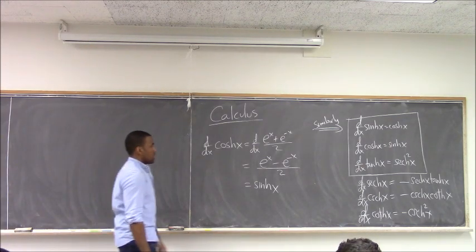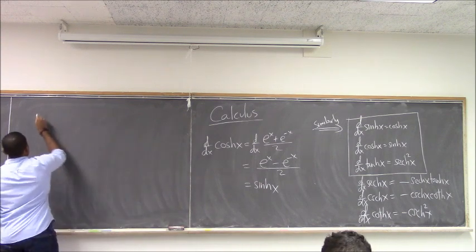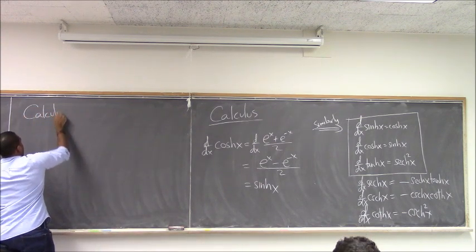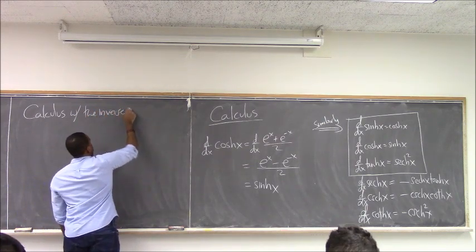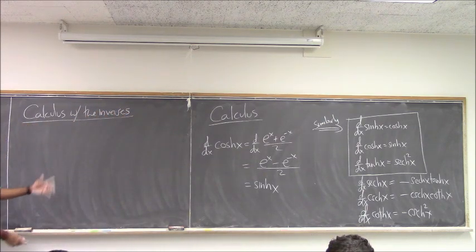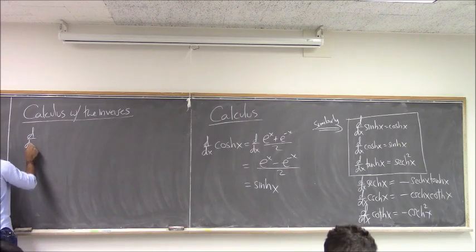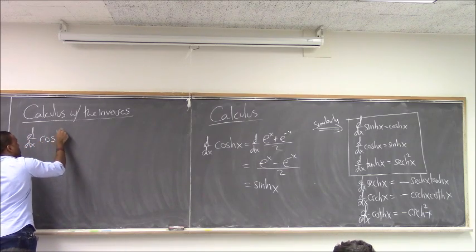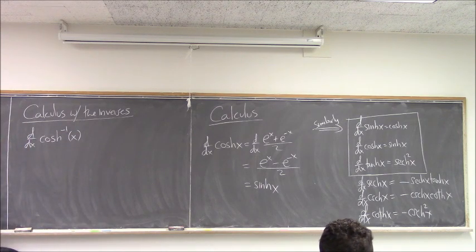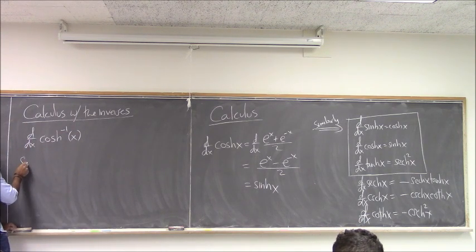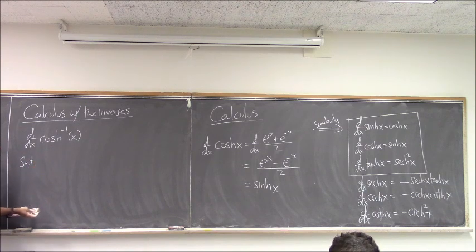We can talk about calculus with the inverses. So let's say I wanted to differentiate the inverse function of cosh. I'm going to derive it similar to how we derived the others.